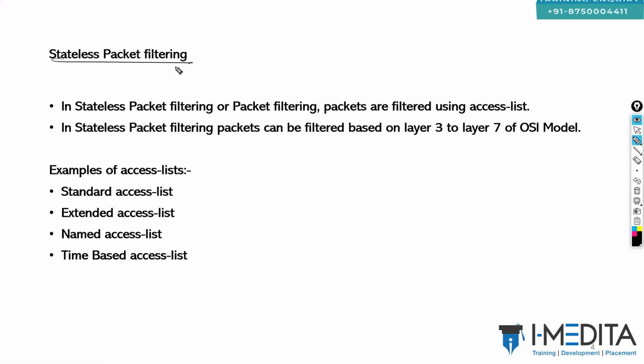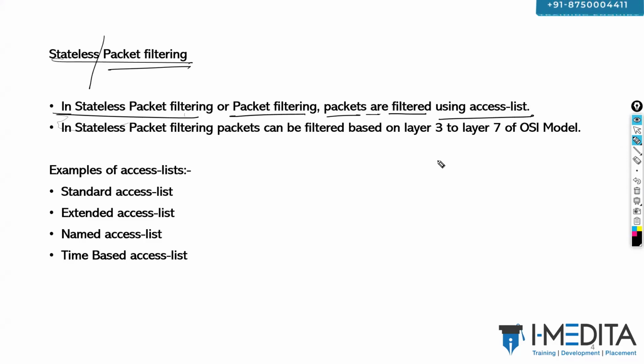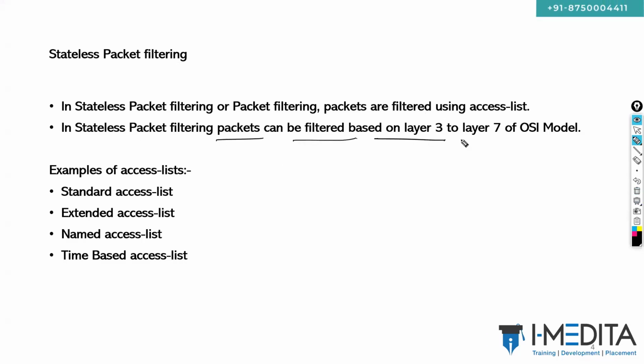First, we have stateless packet filtering, or you can just call it packet filtering. In stateless packet filtering, packets are filtered using access lists. With the help of access lists, you can filter the traffic or packets. And in stateless packet filtering, packets can be filtered based on layer 3 to layer 7.